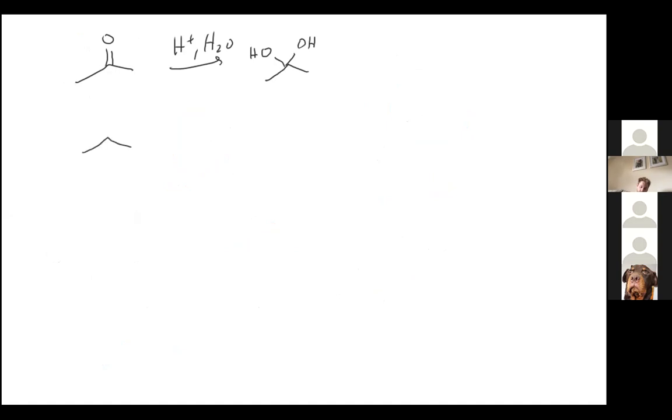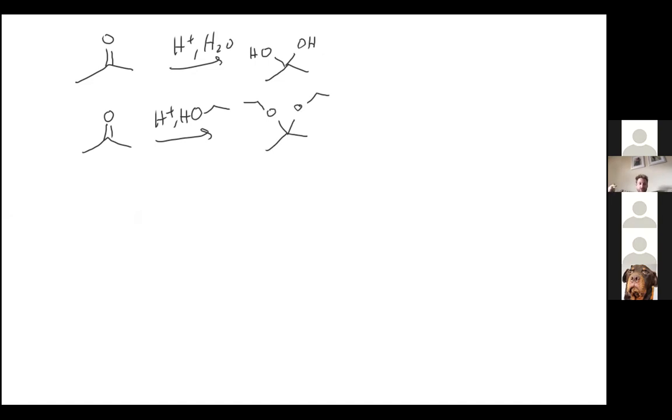When we have H plus and an alcohol, we're going to make this acetal, which is just two ethers coming off the same position. So similar concept, just quite a few more steps to it.